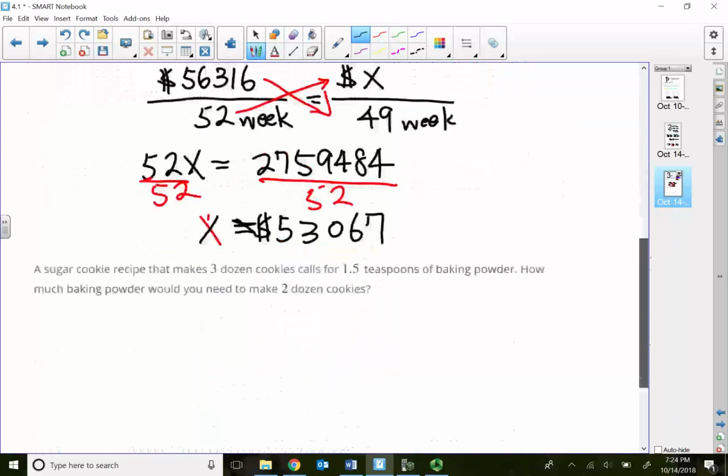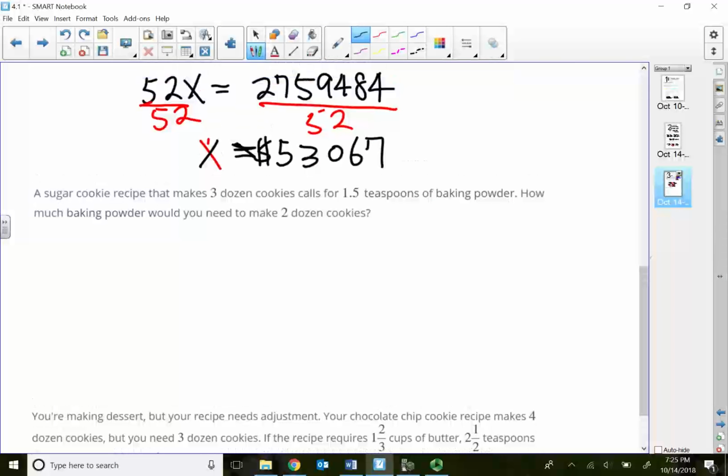All right, let's try another one. A sugar cookie recipe makes 3 dozen cookies and calls for 1.5 teaspoons of baking powder. How much baking powder would you need to make 2 dozen? This is a perfect example for a proportion. The 3 dozen cookies go with 1.5 teaspoons of baking powder.